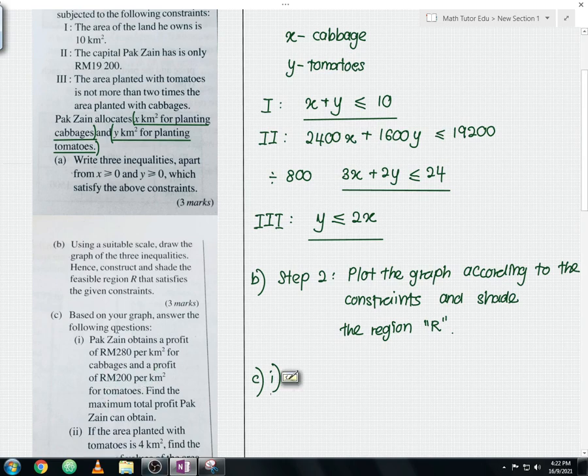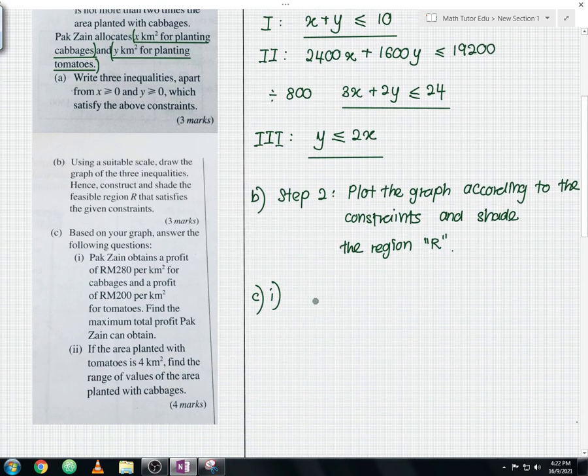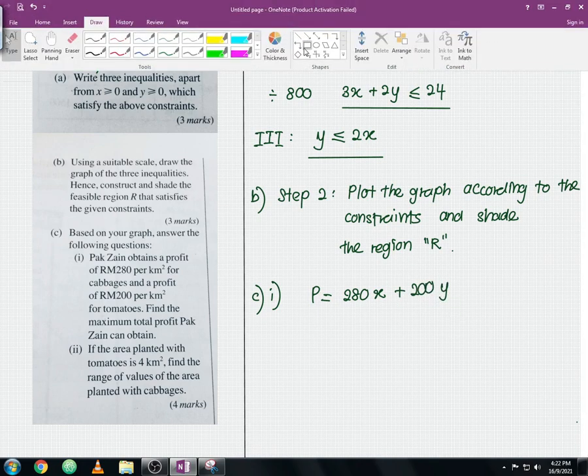With this information, we're going to form a new equation for profit, where P is equal to 280x plus 200y. Let me box this equation.